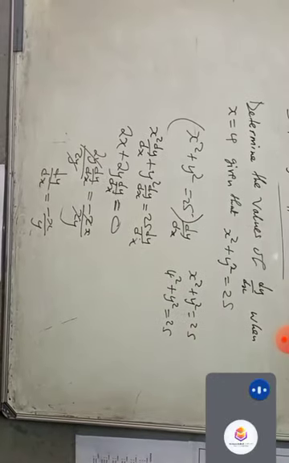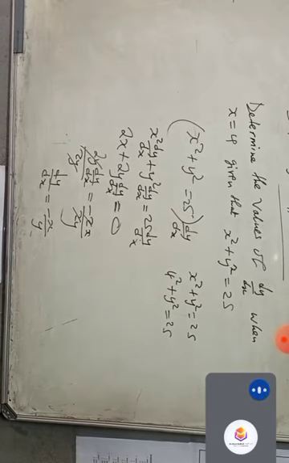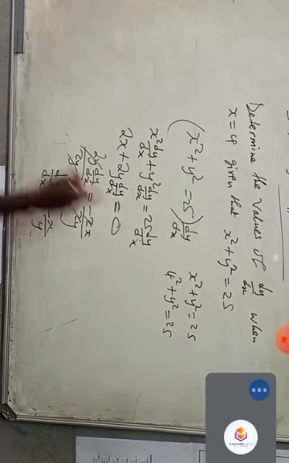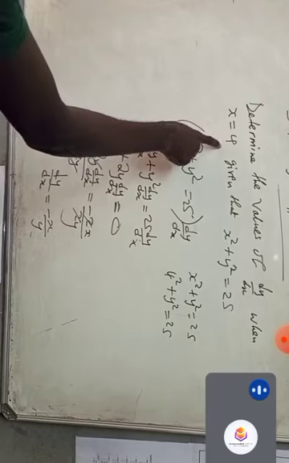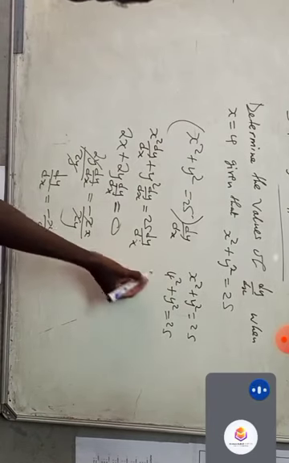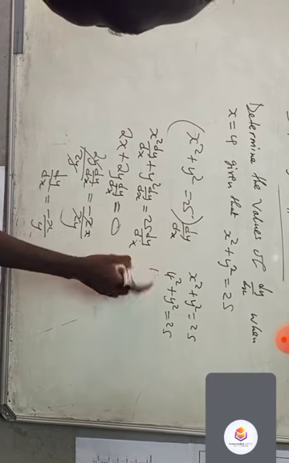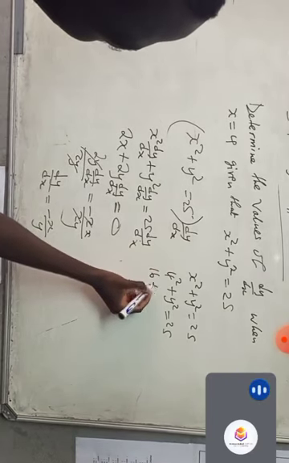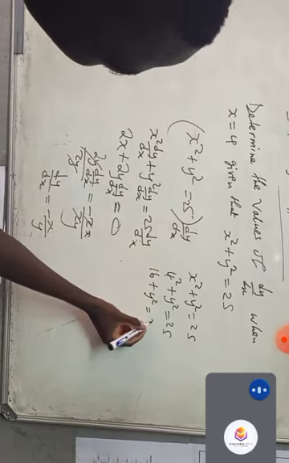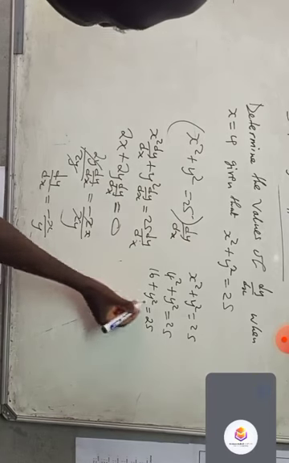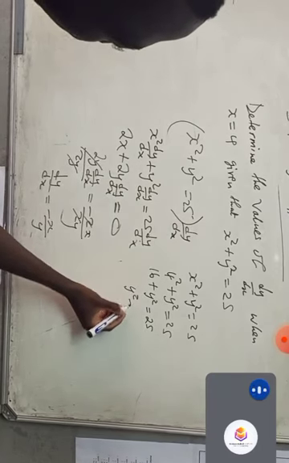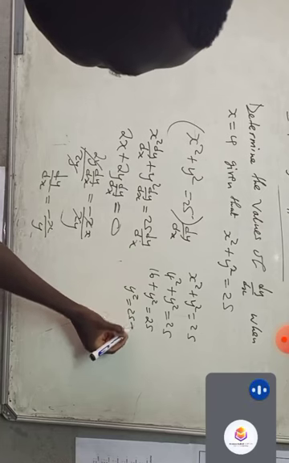Okay. Yeah. So we are replacing where there's x by 4. So we have 4 squared, which is 16. Then plus y squared equal to 25. So we want to find the value of y. We say y squared equal to 25 minus 16.